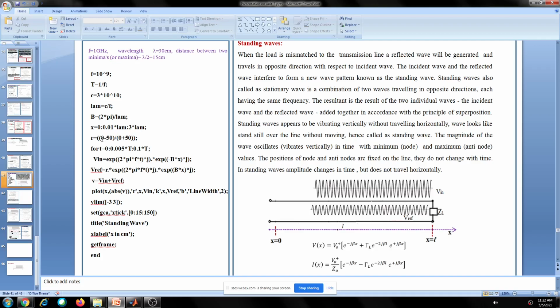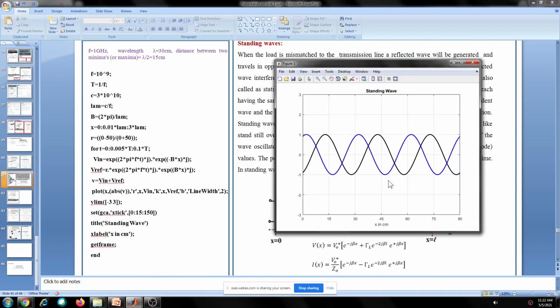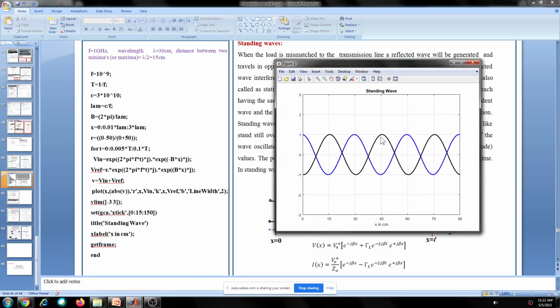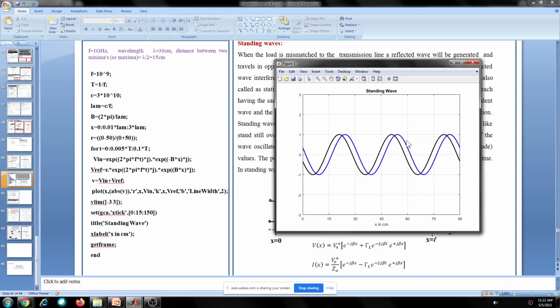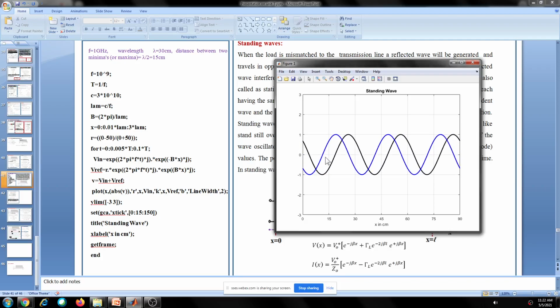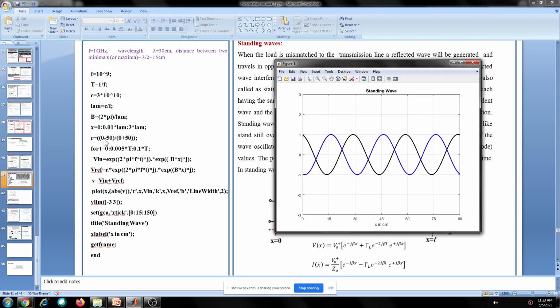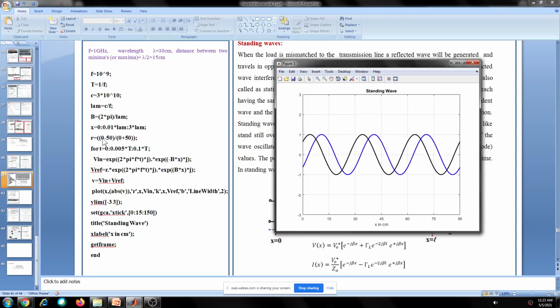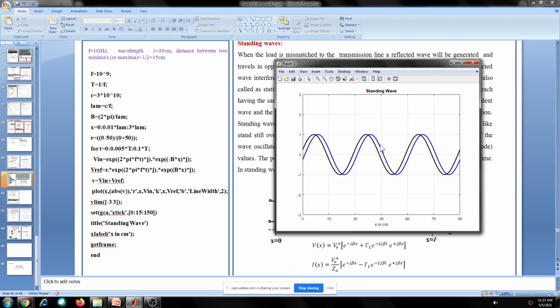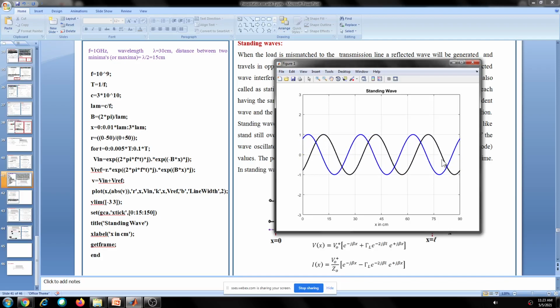Short circuit means 100% reflection; the entire wave reflects back. In that case, the reflected wave is the same magnitude as the incident wave. But if ZL is something other than 0, you get a different value. The reflected wave will be smaller than the incident wave, and they move in opposite directions.